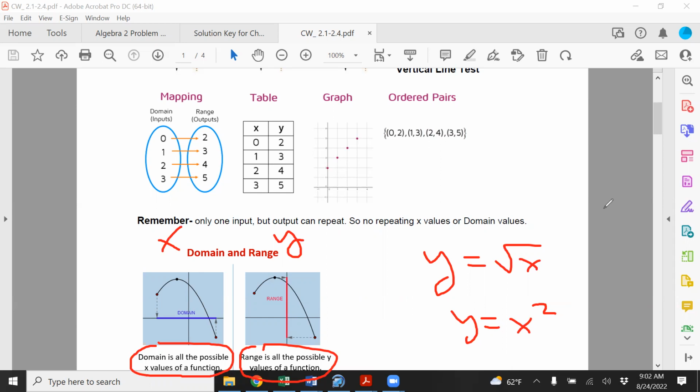Or the range? The range, yes, exactly. Yes, you got it. So the range is going to be the highest and lowest values for y. What about in between? The domain, no, and everything in between also, right? The domain is going to be all the x values from left to right. But let's graph these right now. Let's go to Desmos.